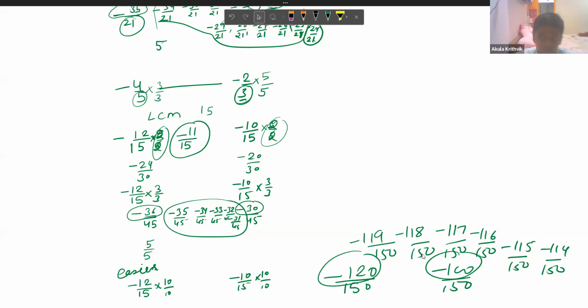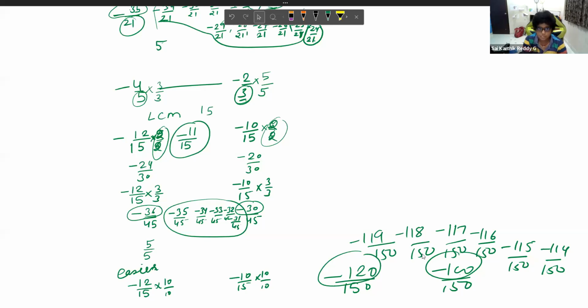No, ma'am. Karthik, tell me the steps. What we have done, how to find the numbers between two rational numbers. We need to find the LCM of the two numbers, ma'am. Then if we need 5 rational numbers, we should multiply by 6 or 7, like that.